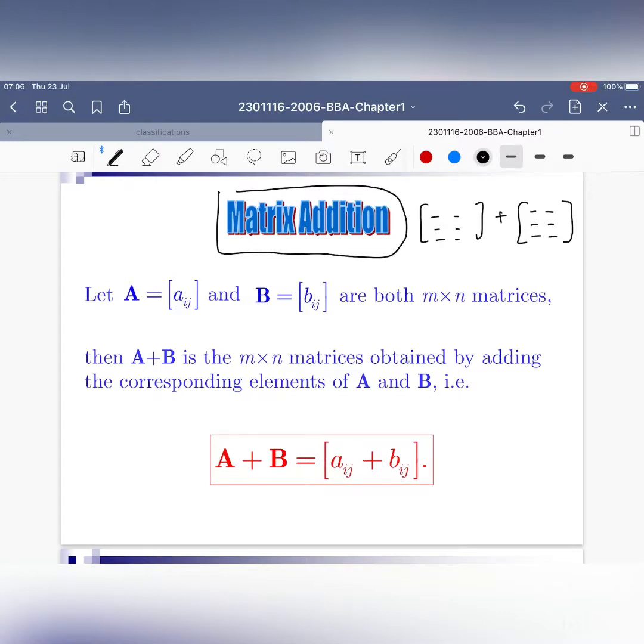So the first requirement is that your A and your B to be added must be the same size, m by n. Then to do the addition, you just do position-wise addition, so the same positions are just added. All right, this is very straightforward.